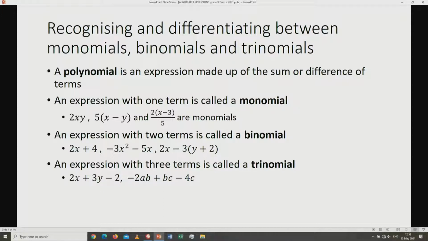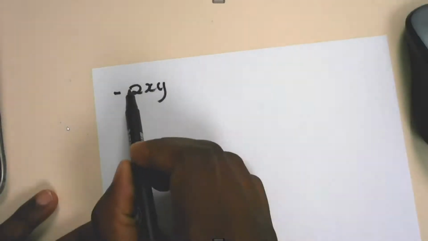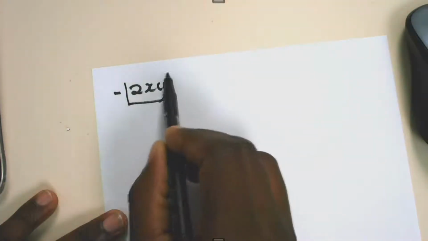In this case, we took an example of 2xy. It is written as 2xy. It's a monomial. Why is it a monomial? Because it is just one term.